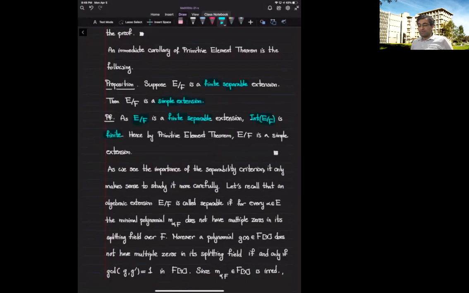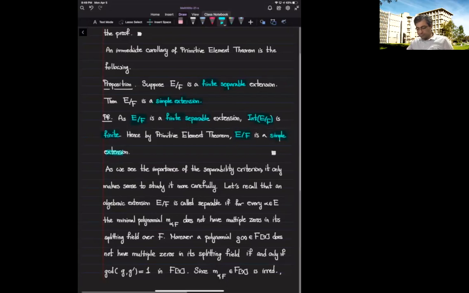And for an arbitrary finite separable extension, we considered a normal closure of this extension, and we argued that a normal closure of a separable extension is always normal and separable, and therefore it's always a Galois extension. So that was how we proved that a finite separable extension always has finitely many intermediate subfields, and in combination with the previous result, we deduce that E over F is a simple extension.